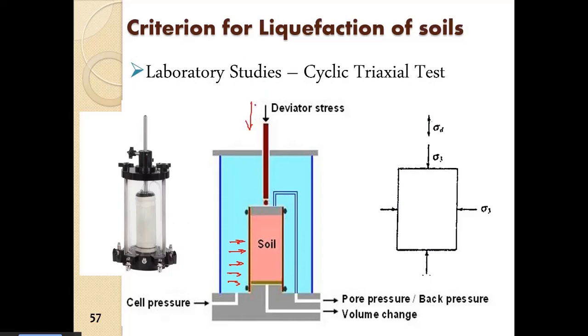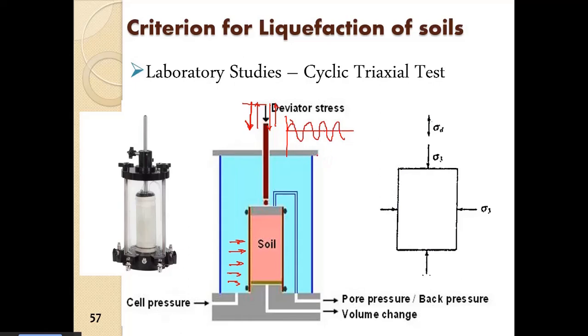In one cycle it will increase, then in the other cycle it will again decrease to this value. Then again in the other cycle it will increase, and then again decrease. So that is a cycle of loading.